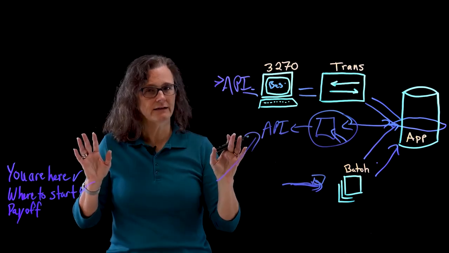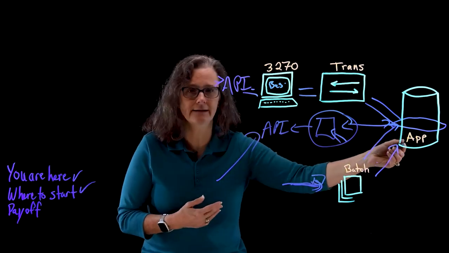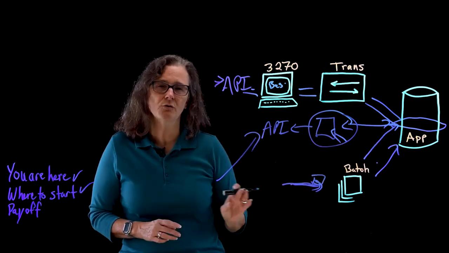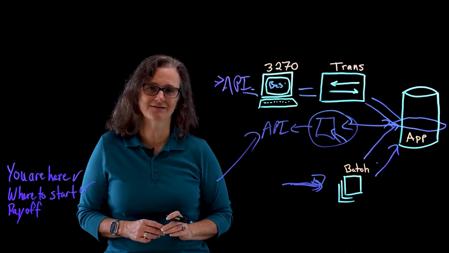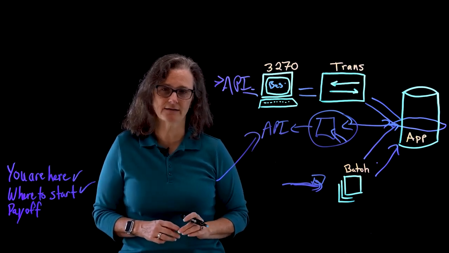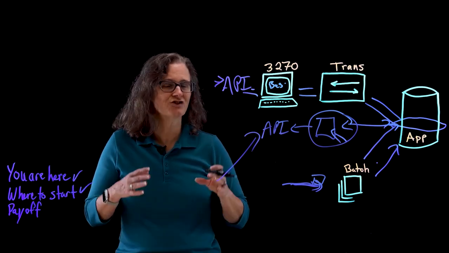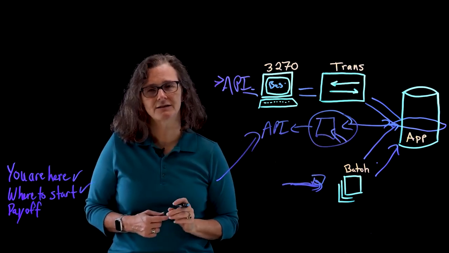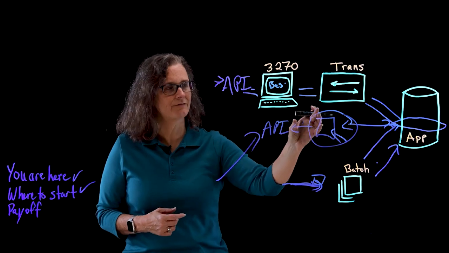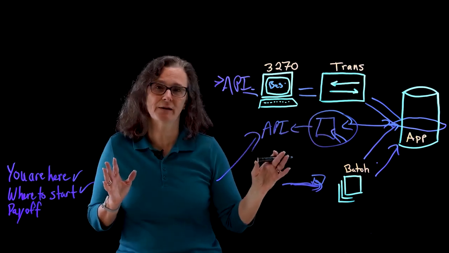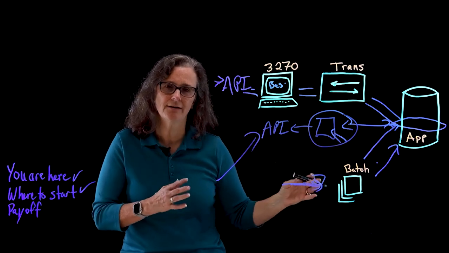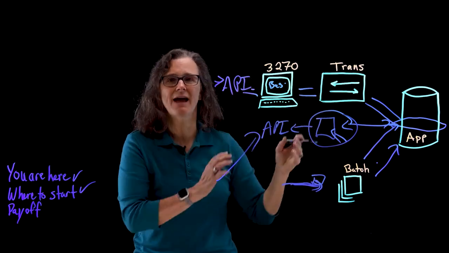Now, we still have a need for batch. We're still going to do our end-of-day processing with our batch processing, but we can do many more of the transactions inline as part of this activity. Getting started and moving in this direction allows us to truly take advantage of this logic that's been there for years, that's providing key critical business value, but it's locked in this mess.